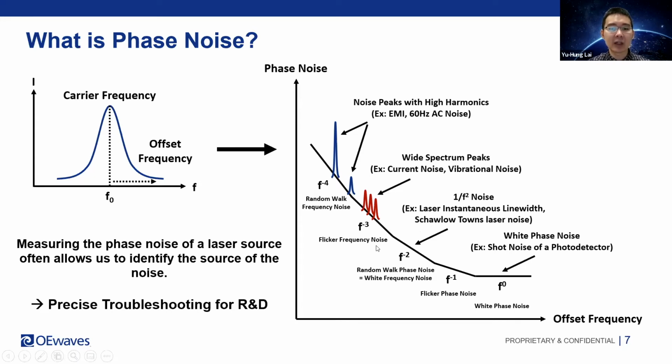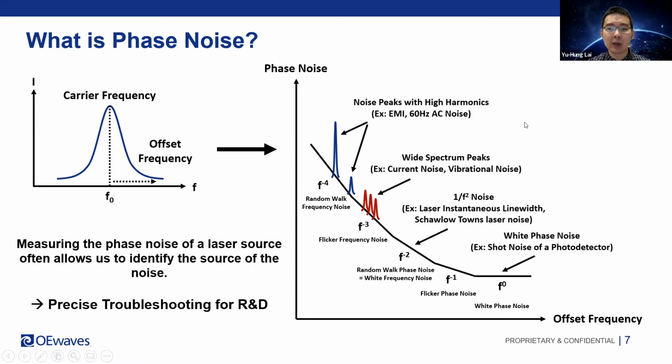And if it is characterized as 1/F third or 1/F fourth noise, this will be related to the power drift or the temperature drift of the system. On the other hand, there are also different kinds of noise. For example, we can see the noise peaks at 60 hertz and 120 hertz, we will see the peaks and the harmonics here. So this kind of peak comes from EMI, and the most dominant one is the 60 hertz AC noise.